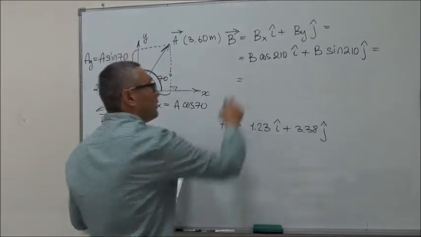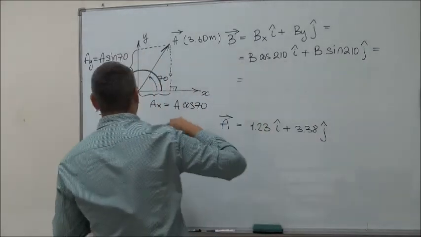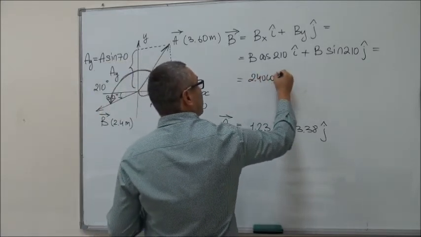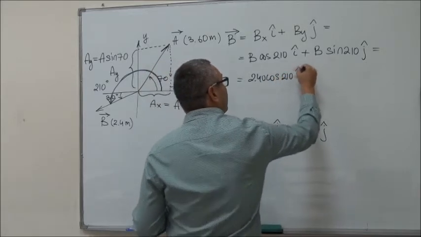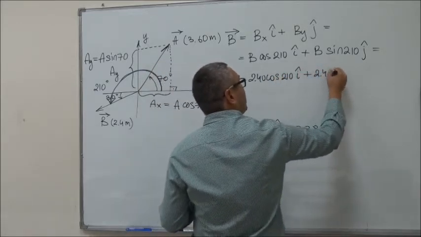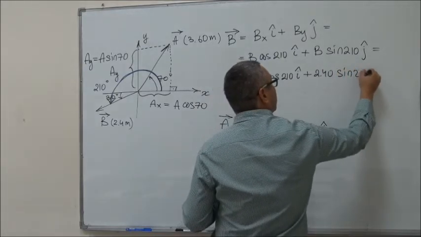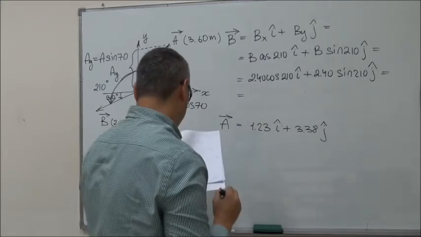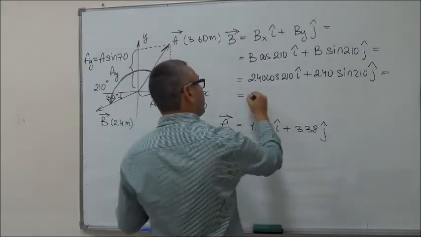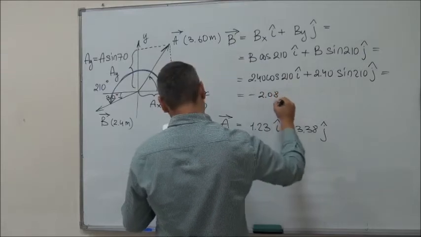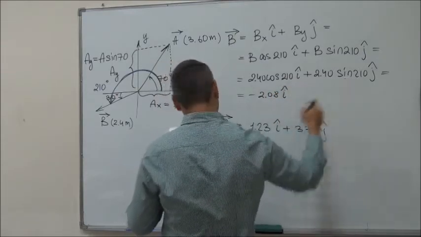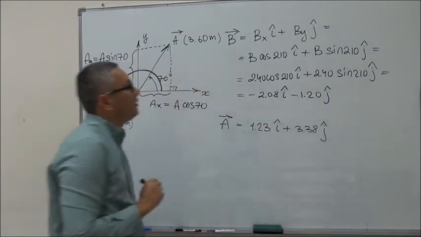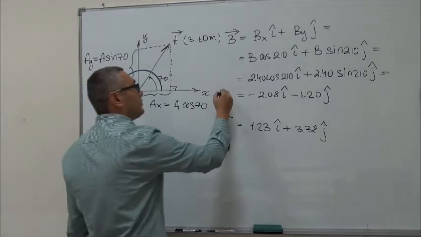Then we can substitute for B. B is equal to 2.4. So 2.4 times cosine of 210 I plus 2.4 times sine of 210 J. If you then use your calculators, you will find that this is equal to minus 2.08 I, and this is equal to minus 1.20 J. So this is our B vector.